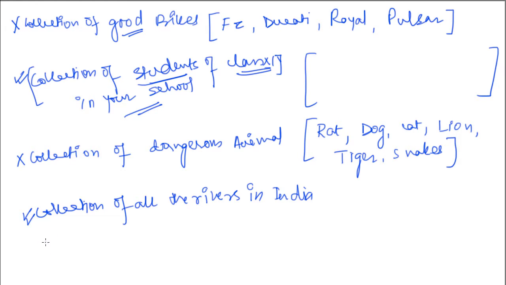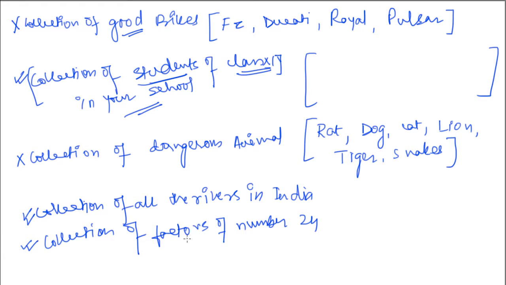Or if I say collection of factors of number 24, so this is also a set because the factors of 24 remain same for everyone, that is 1, 2, 3, 4, 6, 8, 12 and 24. So this is also a set. Clear? So till now what we have done is we have understood what is a set and what is not a set. Okay, now let's see how we denote a set.